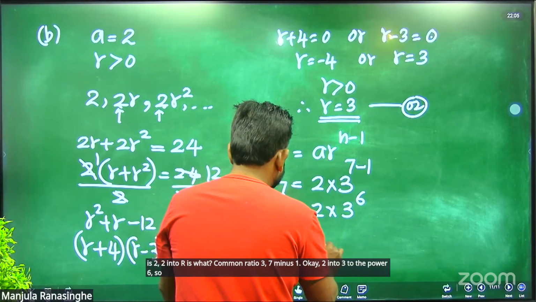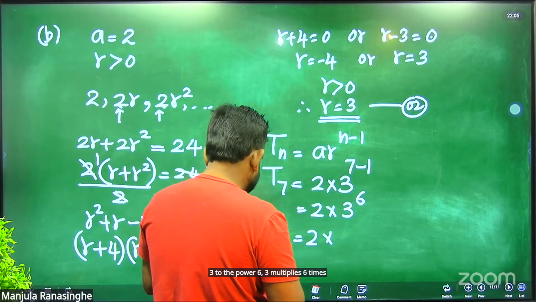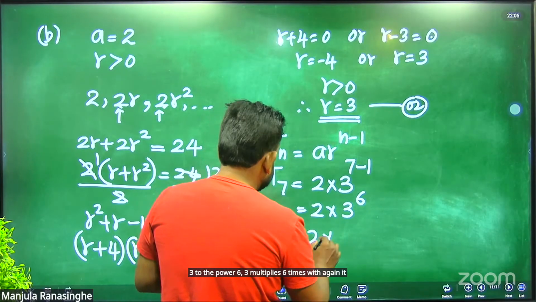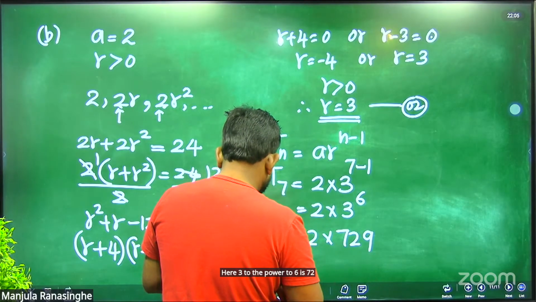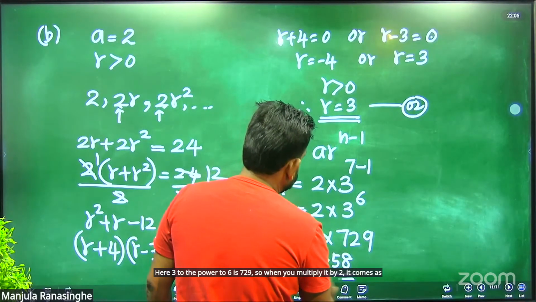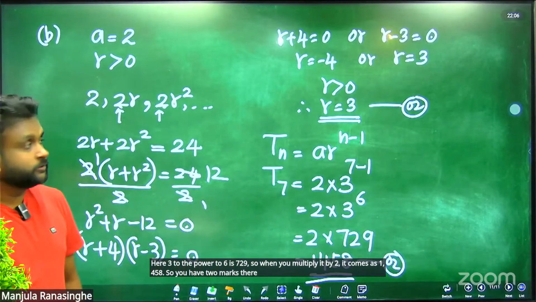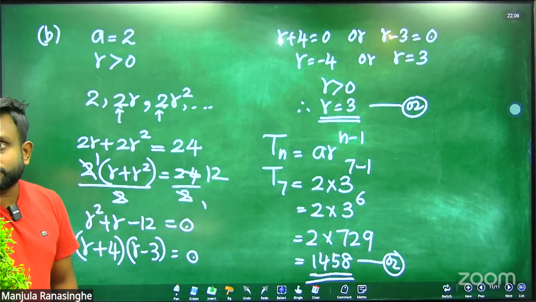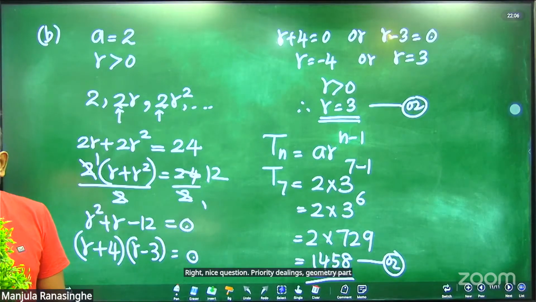So 2 into 3 to the power 6. 3 to the power 6 is 729. When you multiply it by 2, it comes as 1458. So you have 2 marks there. Nice question, it deals with the geometry part as well.